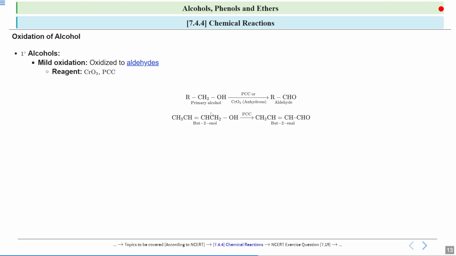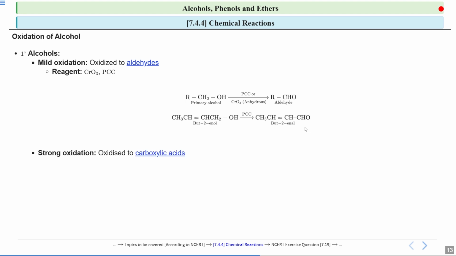At the second carbon, the double bond is present, so this is but-2-enol. And when you are using the oxidizing agent PCC, pyridinium chlorochromate, you will see it forms but-2-enal. The 'al' represents the aldehyde group. So the aldehyde group is forming. The alcohol over here is oxidizing to an aldehyde group.